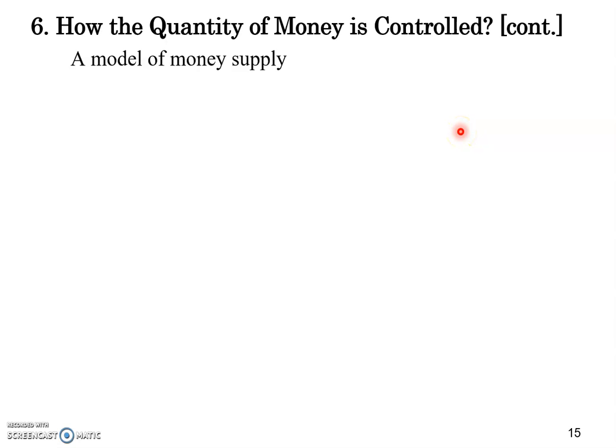In the previous video, we used an intuitive example to illustrate how a fractional reserve banking system creates money. Here, we're going to introduce a formal mathematical model to capture the money supply, or more specifically, the two determinants of money supply.